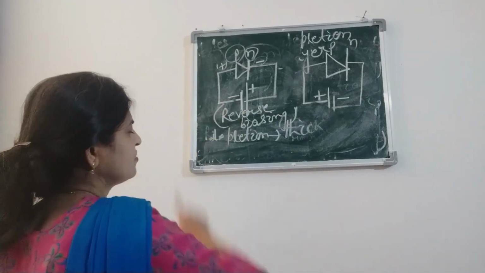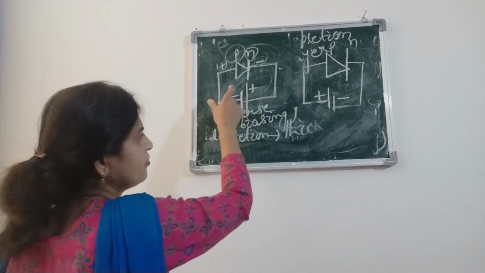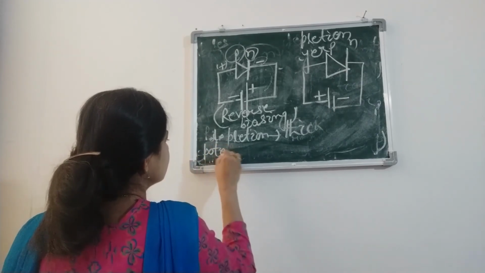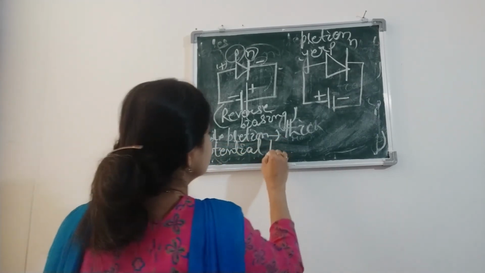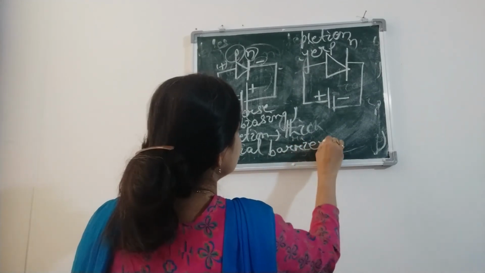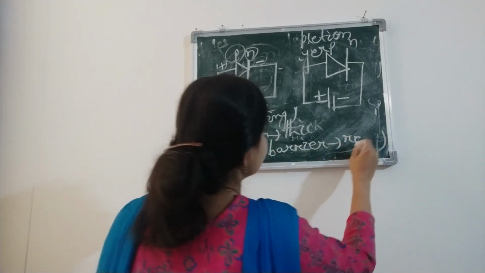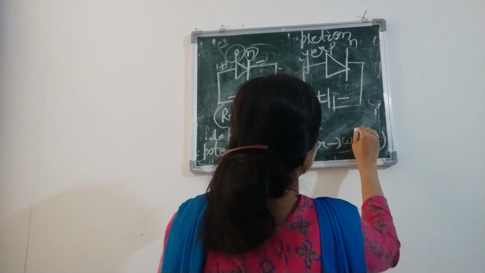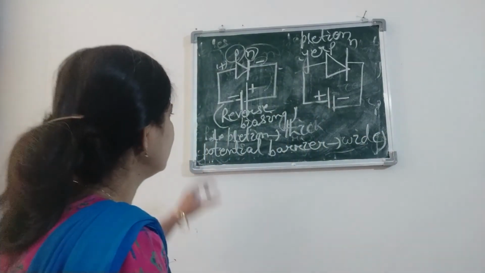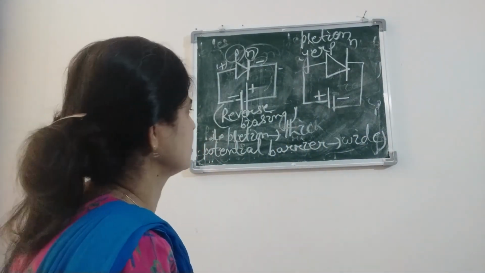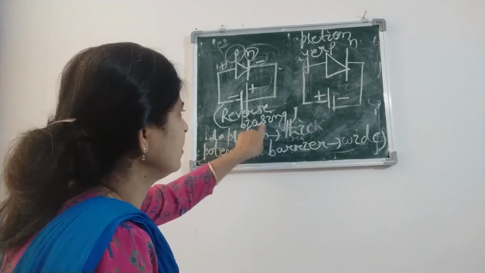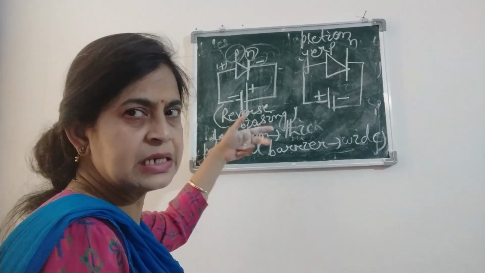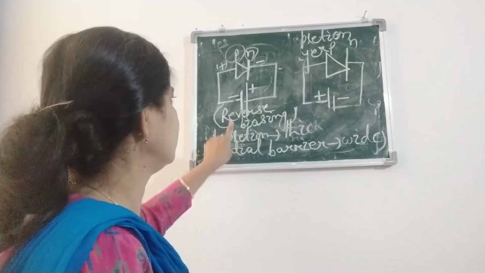The same electric field will also develop due to the drift current of the electron-hole combinations, and the potential barrier will also be wide. And what will happen to the resistance during reverse biasing? The resistance will be high. High resistance means no current will flow during reverse bias.